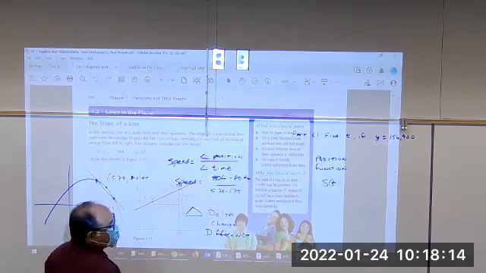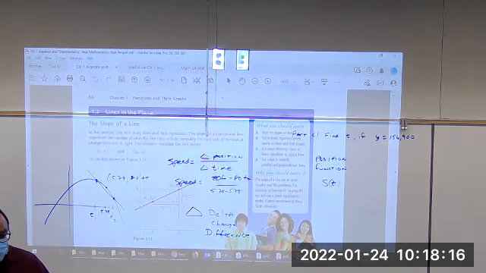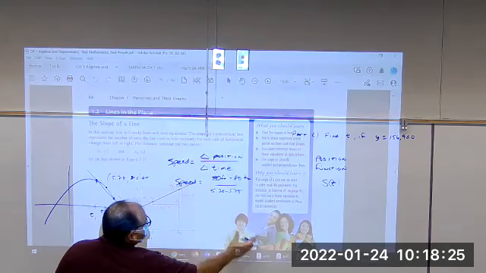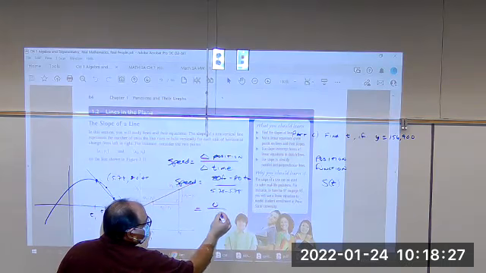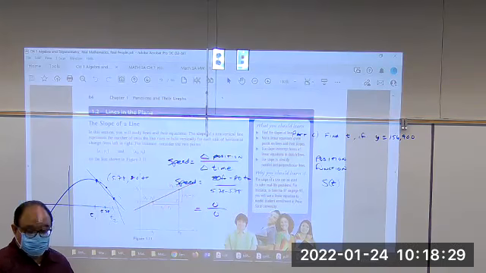And the problem for Isaac Newton was that when you try to calculate speed using slope at exactly one point, you get 0 over 0.